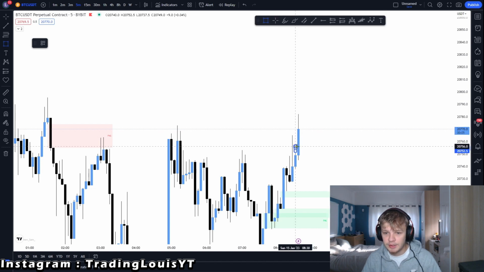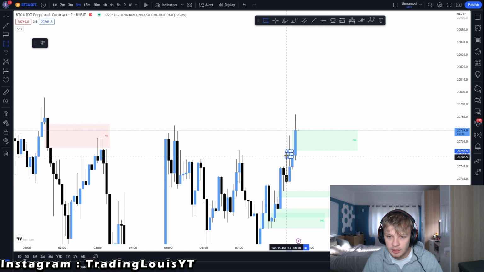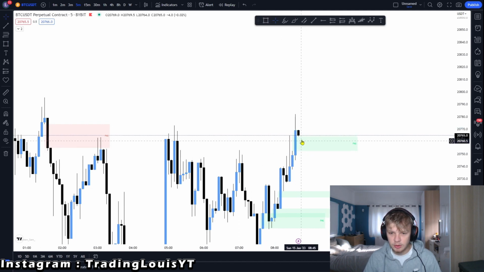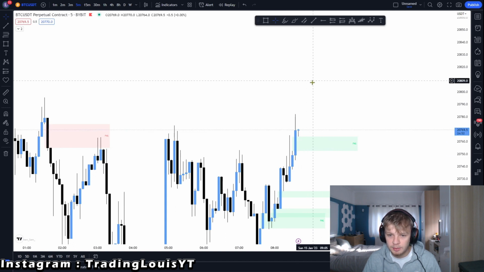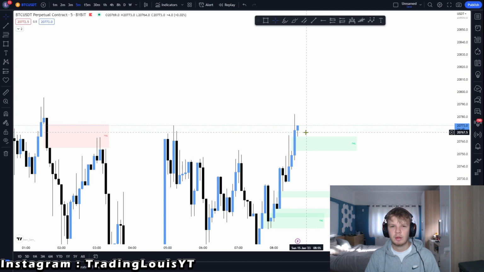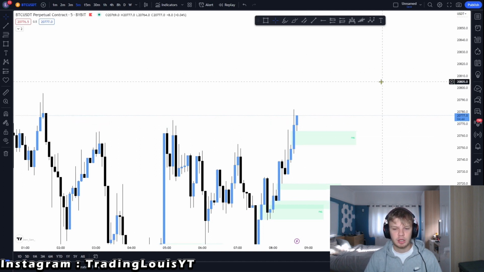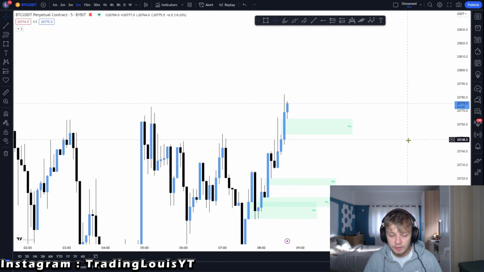In 5 seconds a new candle will show, and price action will want to fill this fair value gap. So here we go, we have this fair value gap right now, and what is price action doing? Price is filling that fair value gap, and then it pushes straight up. The more that you trade fair value gaps, the more you'll see that there are different strategies and different things that like to happen with fair value gaps.